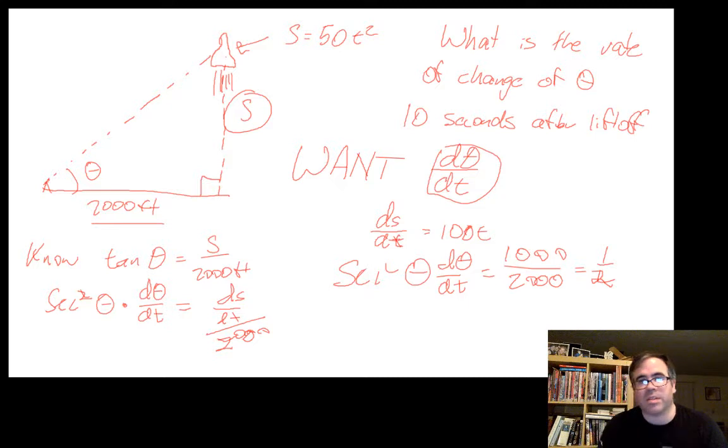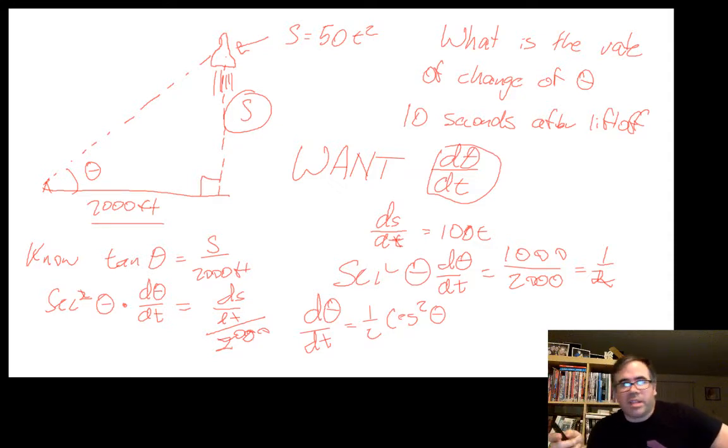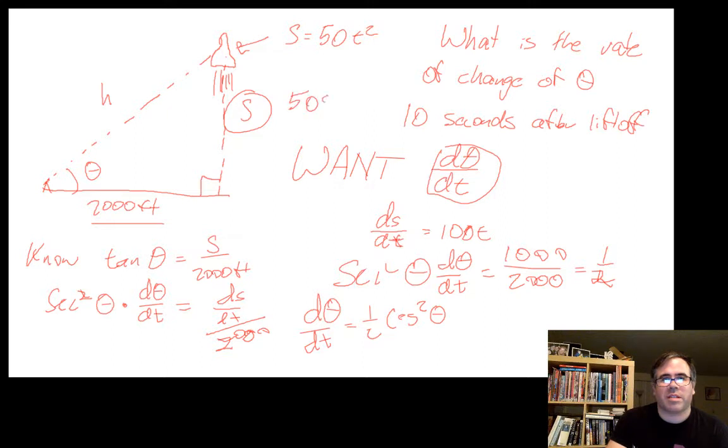My pen is not necessarily registering today. There's still problems. We obviously have the secant squared theta, and we wouldn't like that. So we can change that so that d theta/dt equals 1/2 cosine squared theta. And then we come to the last part, where cosine is adjacent over hypotenuse, and we have to do some work to figure out what this all is. 50t squared, 50 times 100, this is 5,000.